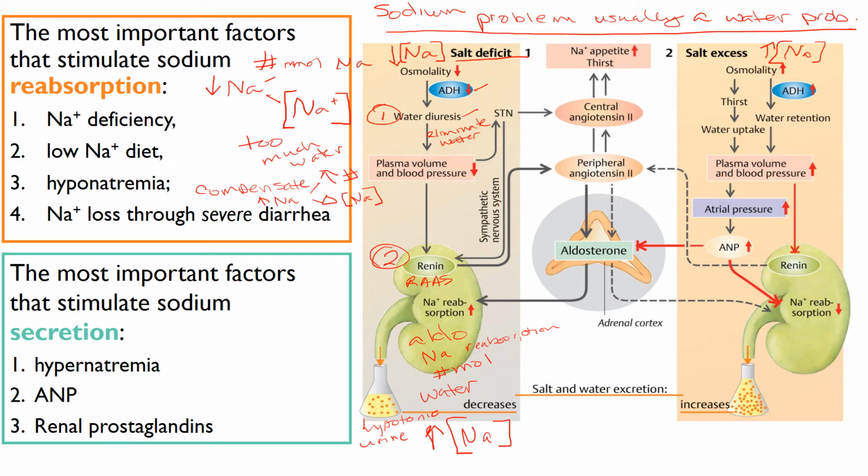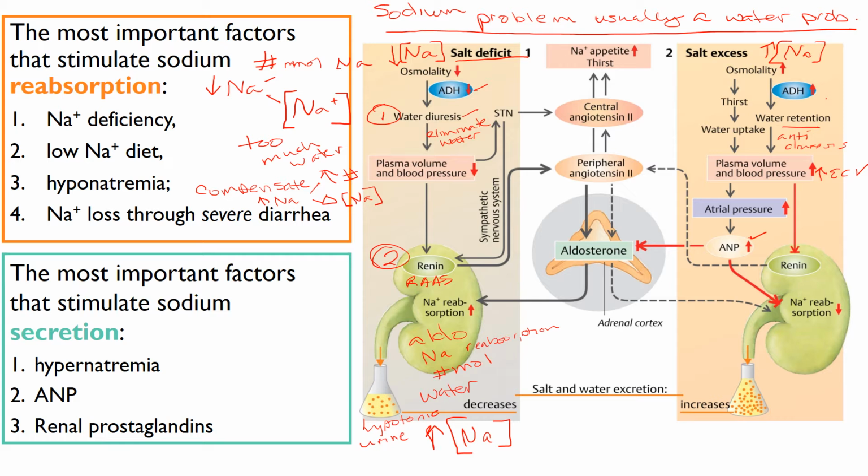So the brain is going to sense the increase in osmolality. We raise ADH. We have a water retention because we're in a state of antidiuresis. That raises blood pressure. It also raises effective circulating volume. That effective circulating volume raise will do a couple of things. One, it is going to serve to stimulate ANP.